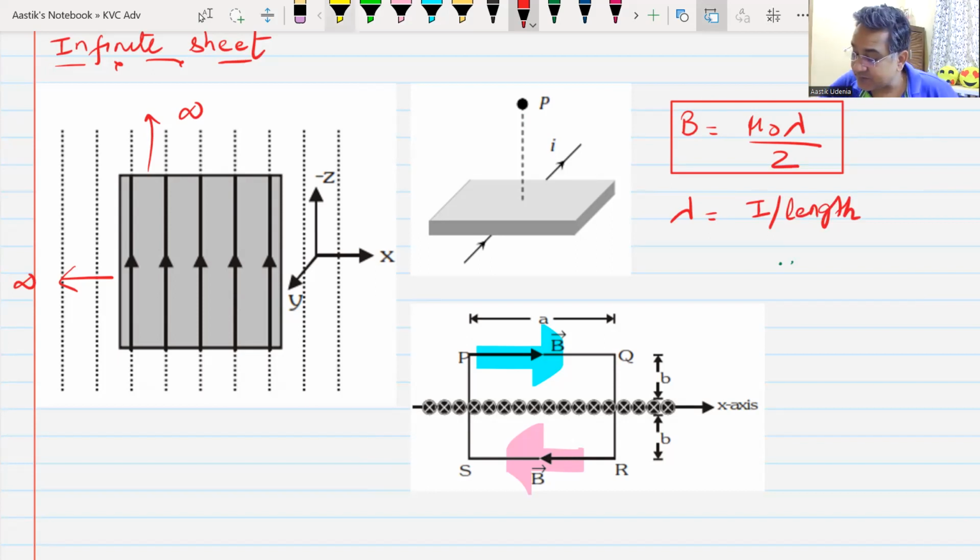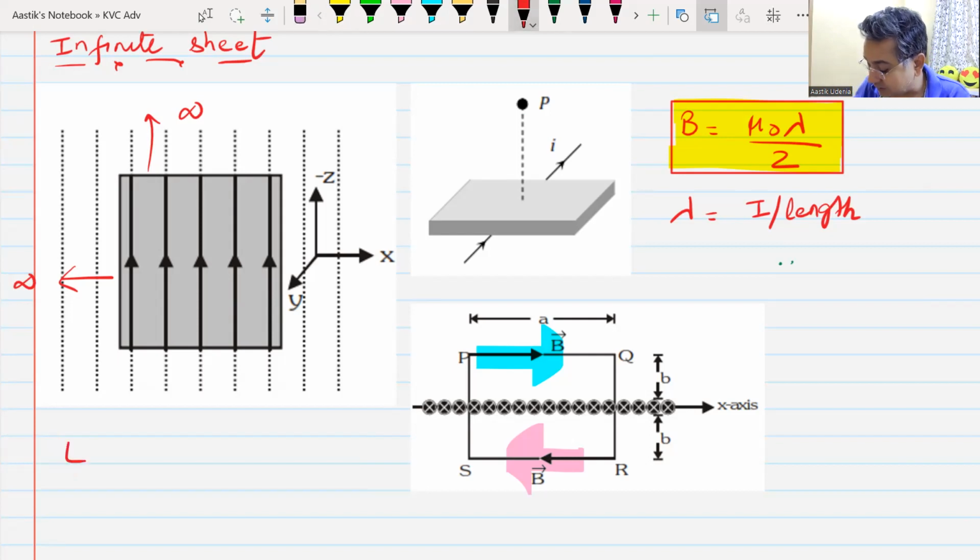Now this formula should remind you of something that we have already done. Which formula should it remind you of? Electric field due to an infinite sheet.